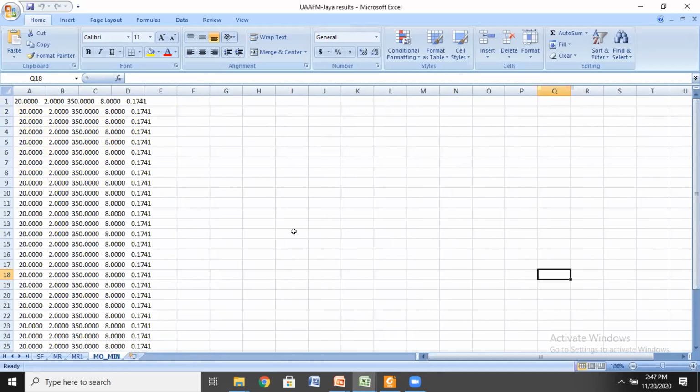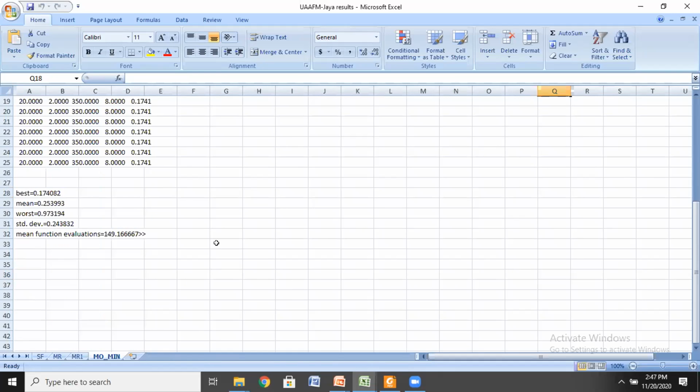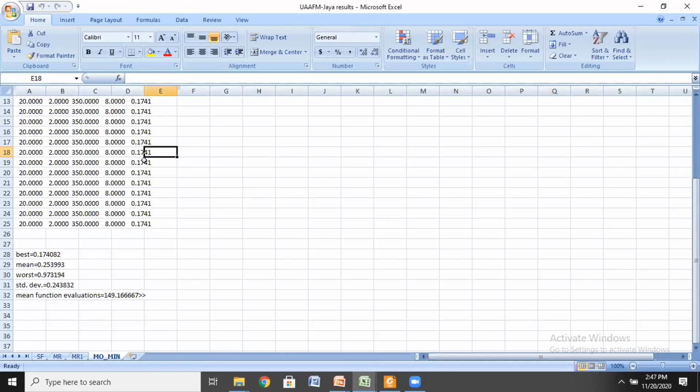If you take a multi-objective, how is multi-objective taken? We know the regression equation for surface finish, and also the regression equation for MRR. These two equations are inserted with the help of positive and negative signs based on your minimization and maximization function. These two are inserted in the code, and we try to get an optimum solution for the multi-objective function.